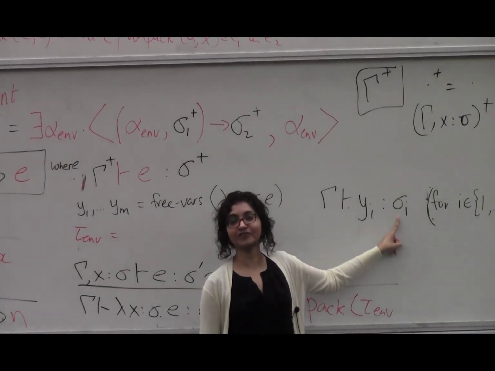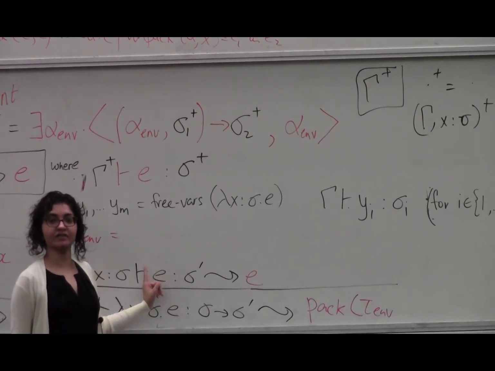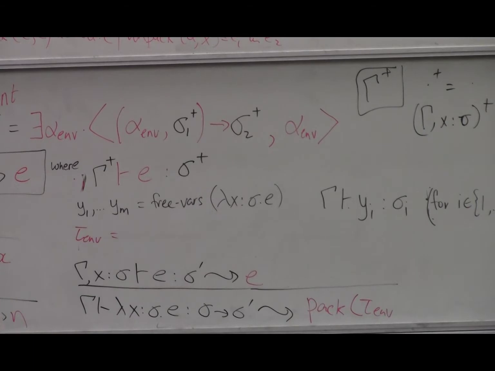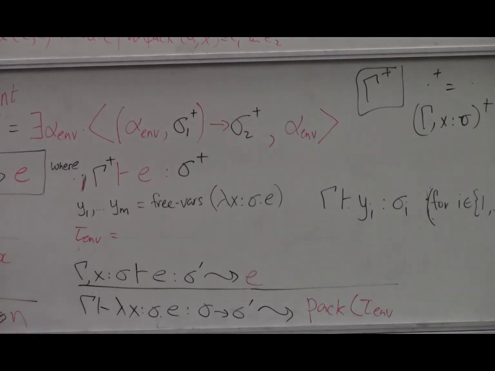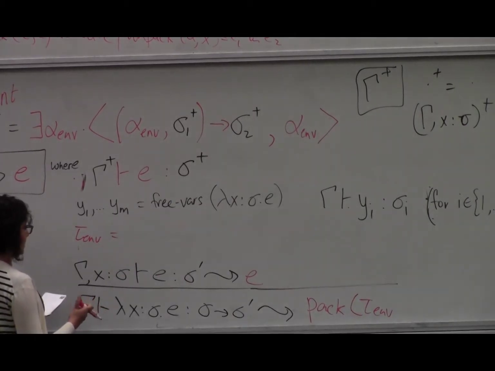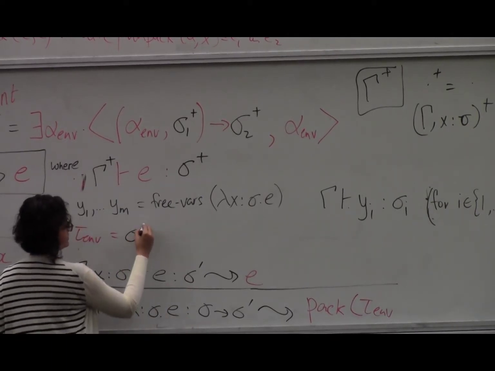Let's take the first one. The type of the first free variable is sigma 1. What type do I put in the environment? Sigma i itself? It's going to be the translation of sigma i.